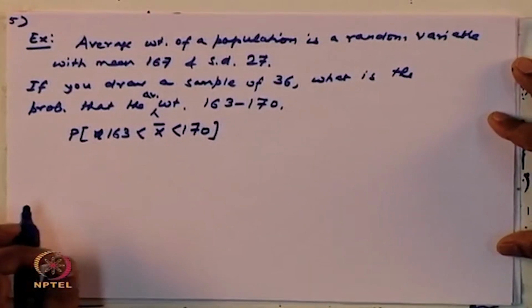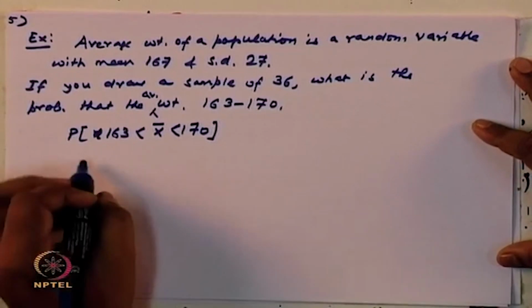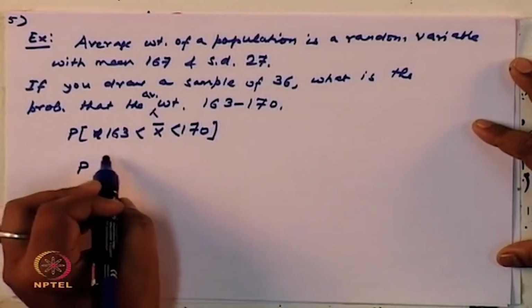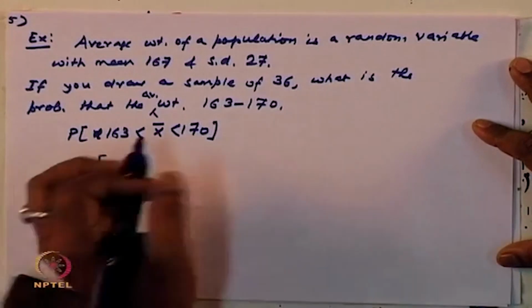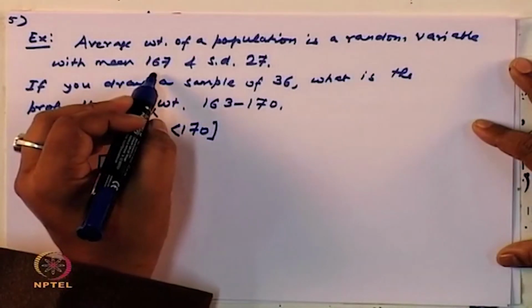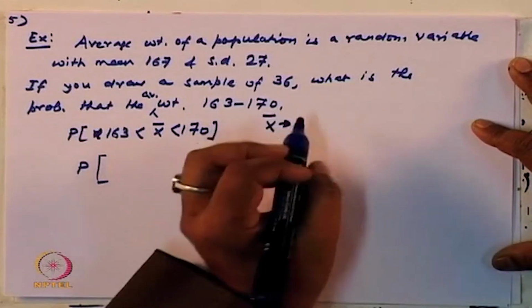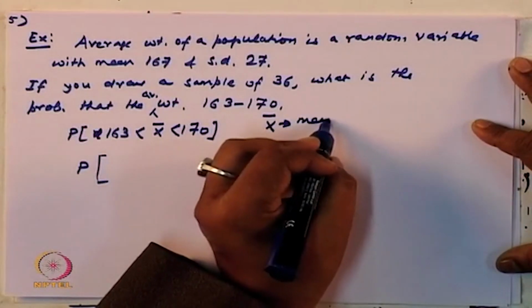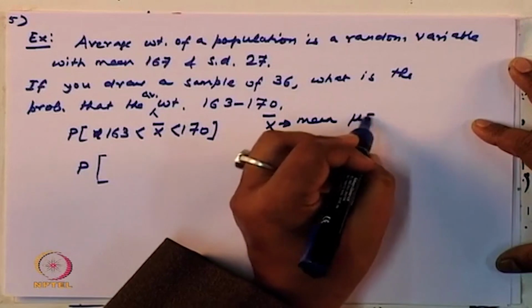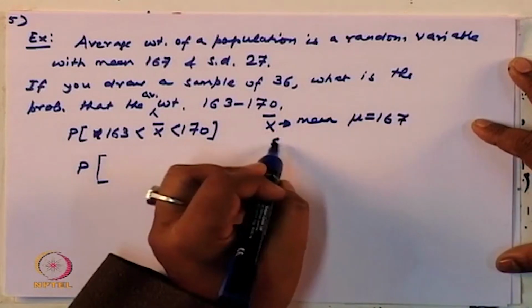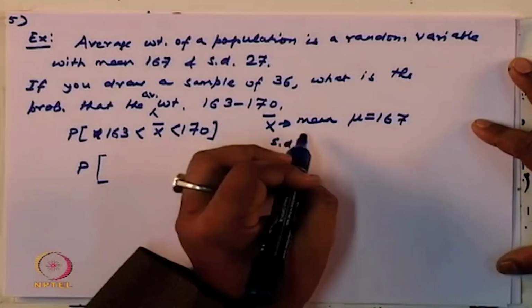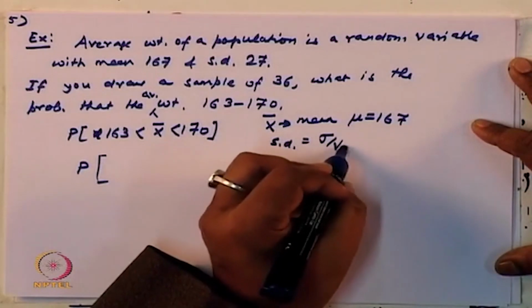Okay. So, I use the central limit theorem again. From x bar we convert to z, and we know x bar is a random variable with mean mu equal to 167 and standard deviation of sigma by root n.